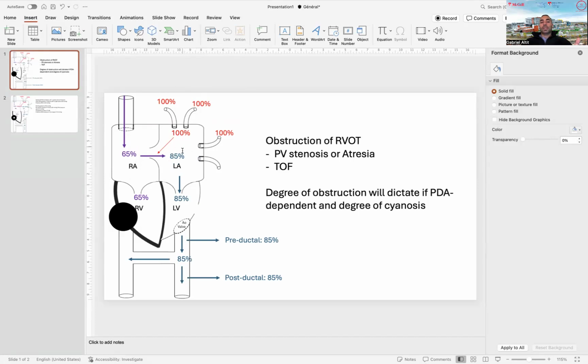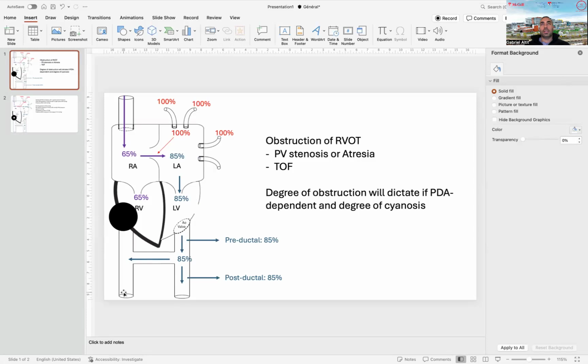And so that's where you start satting at 85, goes to your left ventricle, goes to your aorta, and eventually, because there is no flow going through your RV to the main pulmonary artery, you get a left to right shunt that provides blood flow to your lungs.